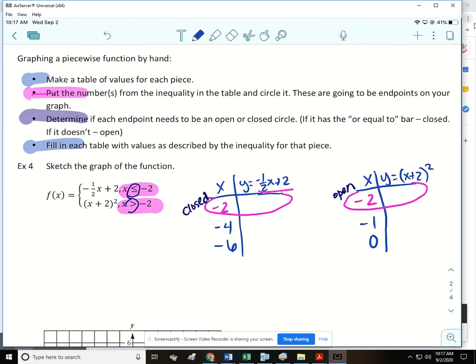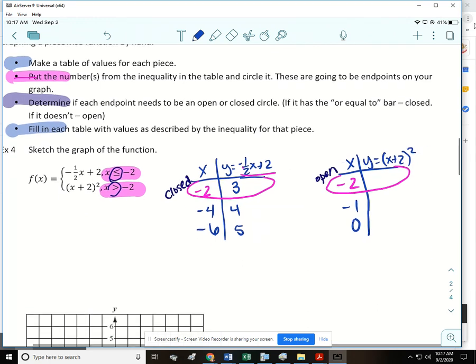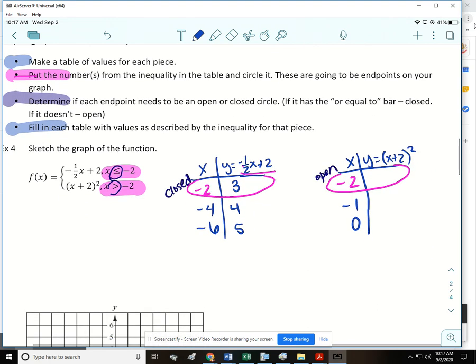All right, so then I'm just going to take and fill in my table. So everything from this first table, I'm going to multiply by -1/2 and add 2 to it. Everything in the second table, I'm going to add 2 to it and then square it.